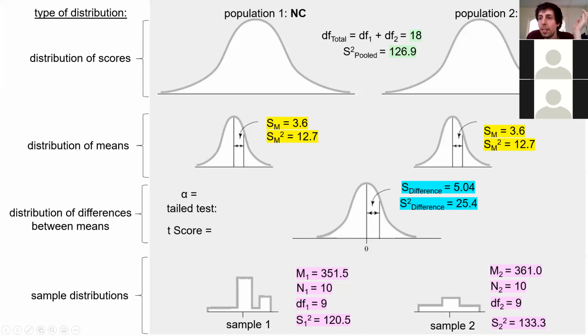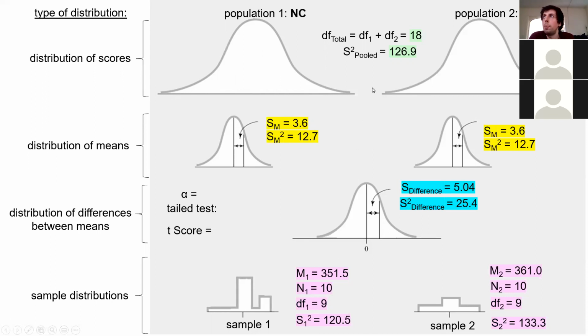And this makes sense because we are using the variance of sample 1 and sample 2 to estimate the variance of the populations they came from. Because our best guess about the variance of the distribution of scores for the 2 different populations is going to be what we do know, which is facts about the sample.